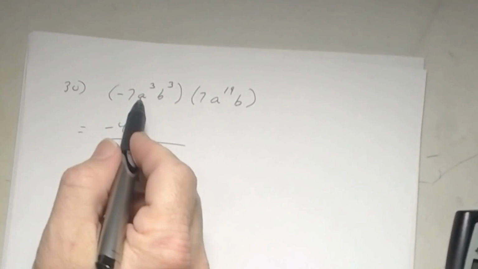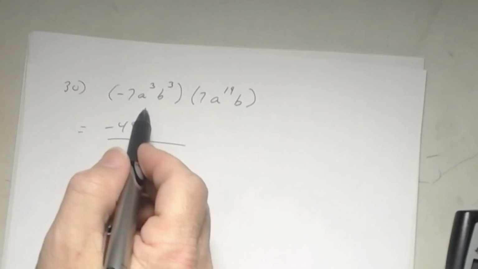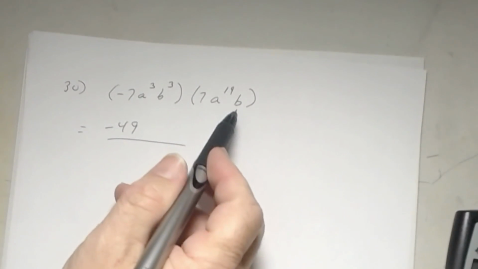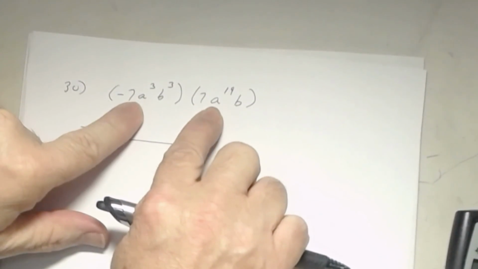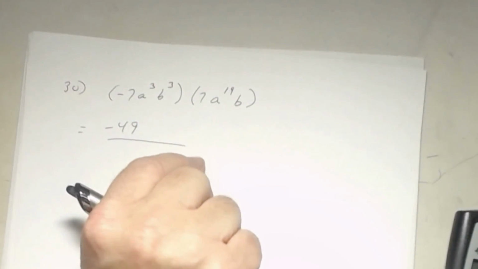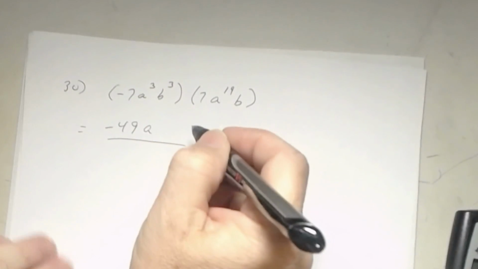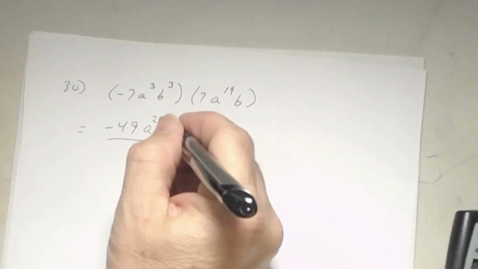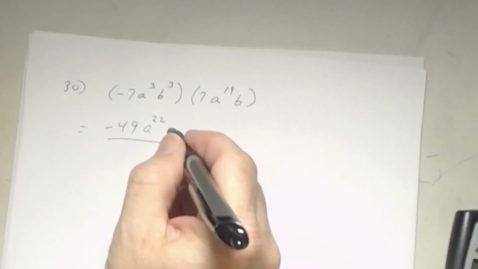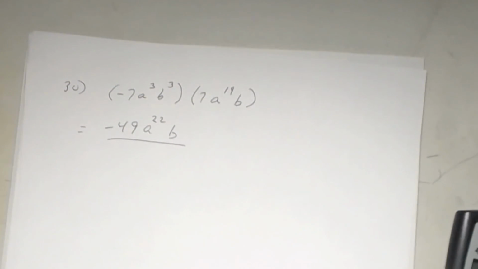What's the exponent? 3. So there are 3 factors of a here. Do you have any other factors of a anywhere else? Right here. Since I'm multiplying like bases, I can do what to those exponents? Add them. So it'll be a to what power? 22nd. Okay. And then b, multiply the b's together.